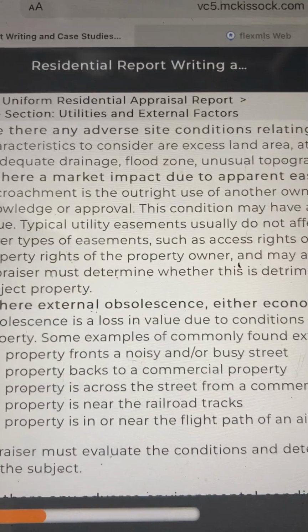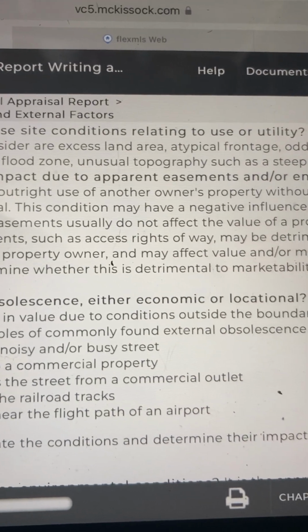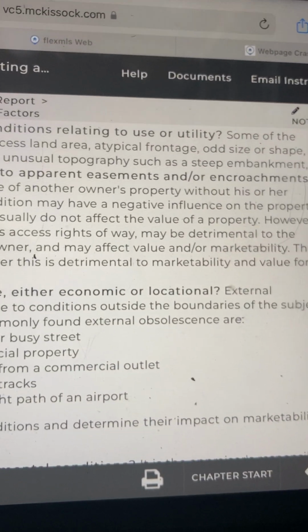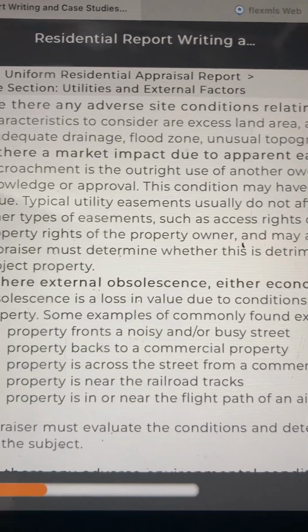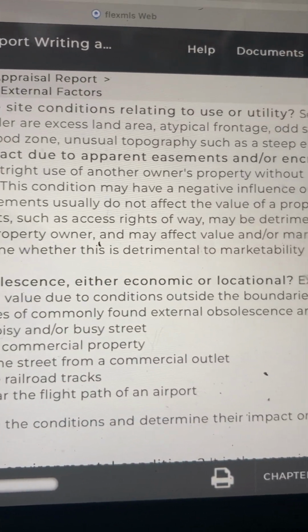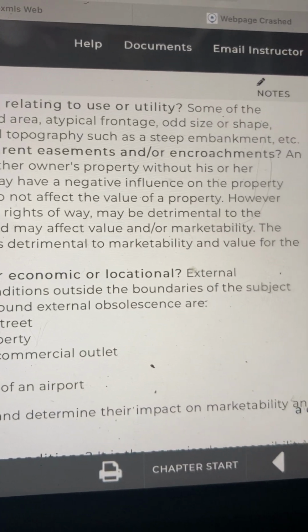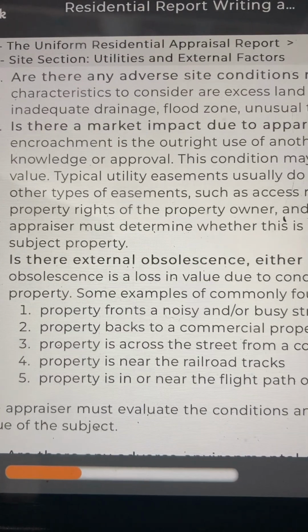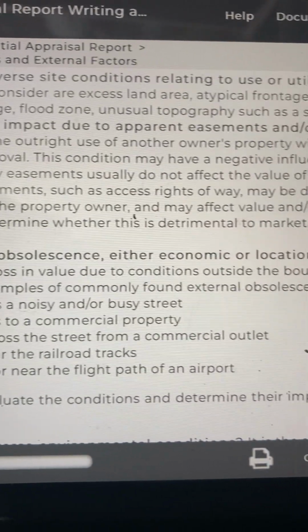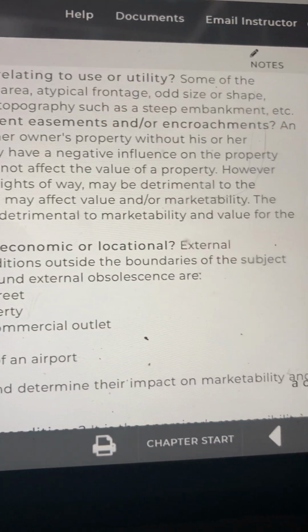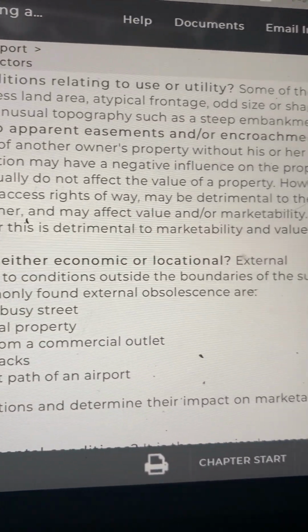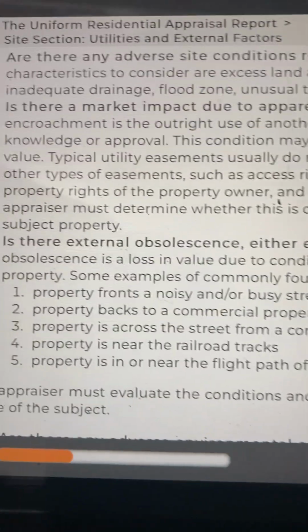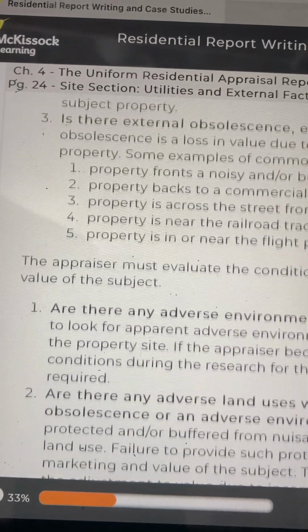Typical utility easements usually do not affect the value of a property. However, other types of easements, such as access rights of way, may be detrimental to the property rights of the property owner and may affect value and/or marketability. The appraiser must determine whether this is detrimental to marketability and value for the subject property.